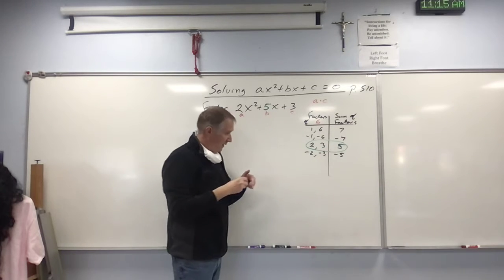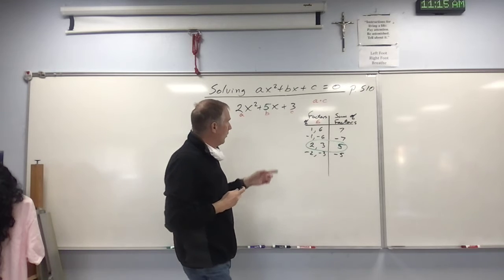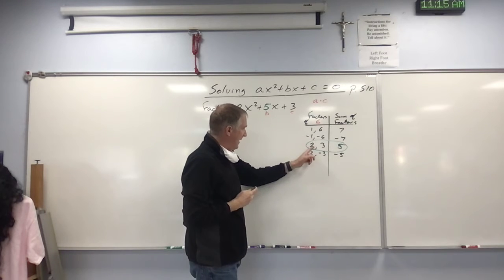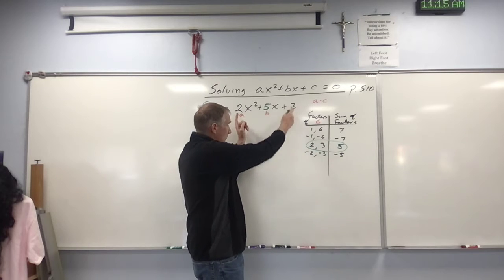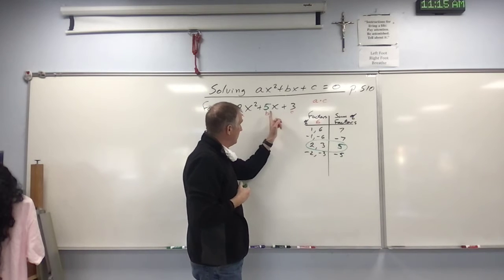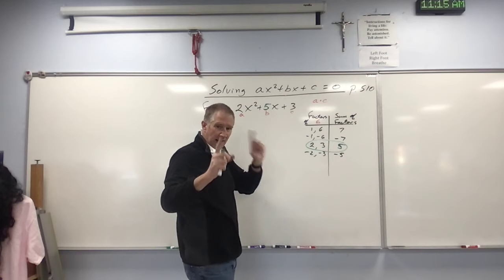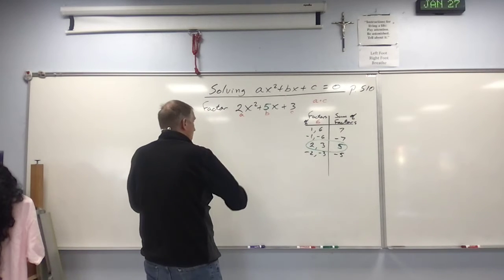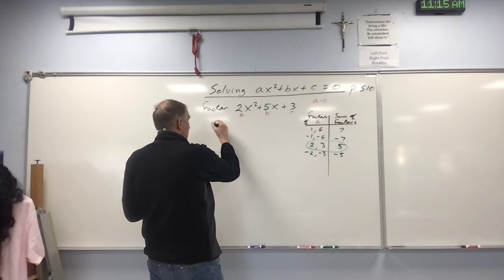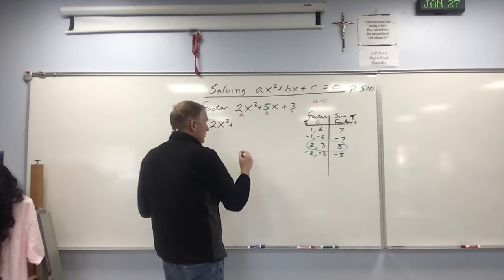So these are the factors of 6, and where do you get the 6 from? 2 times 3. That add up to this b value. That's the goal.